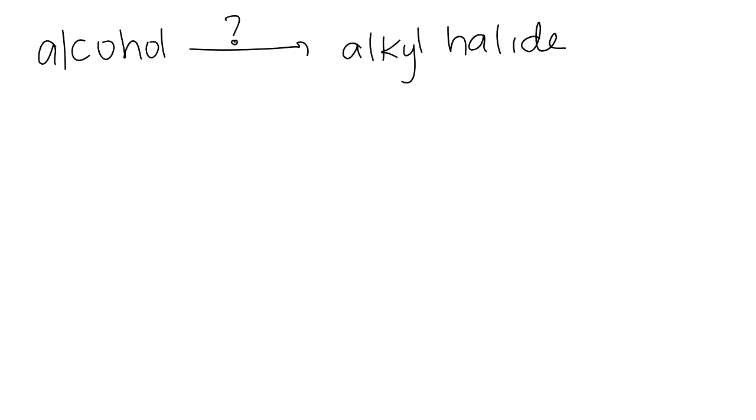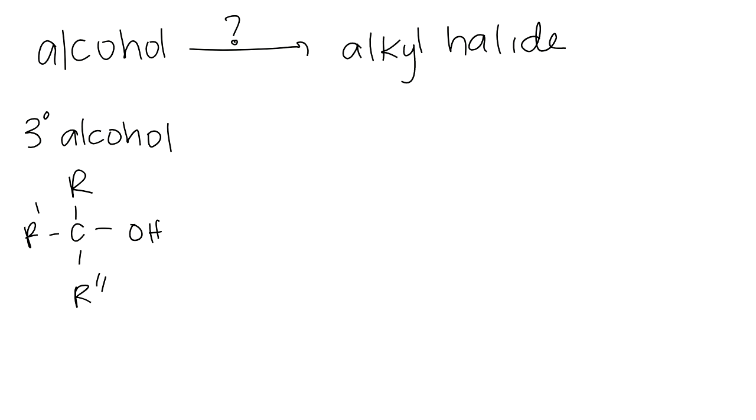So if you have a tertiary alcohol, so tertiary, again, meaning if this is your carbon, you have your alcohol group, and then you have 3 different groups. They can be the same group, but we need at least carbons. We can't have hydrogens, right? So we need 3 different groups with our OH. If we have a tertiary alcohol, we can use simply HX. And we'll see a substitution where that alcohol will get kicked off and we'll make our alkyl halide.